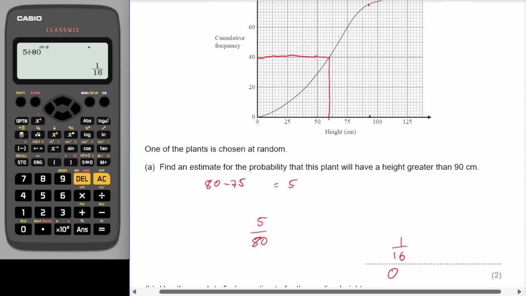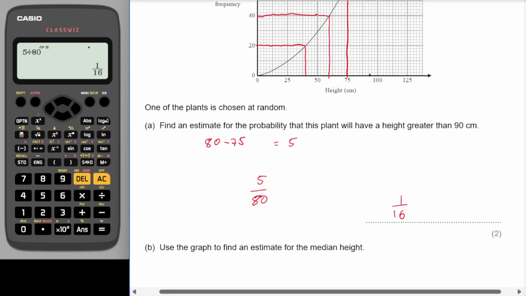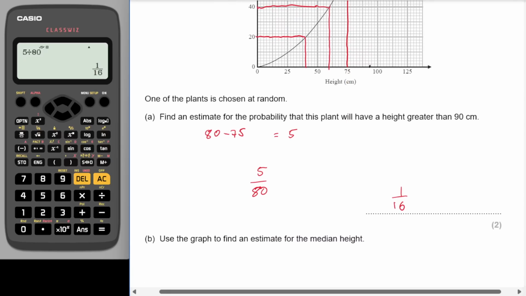Okay, so for the interquartile range, I need this value here, and I need this value here. So I'm going to do 75 minus, well, like I said, these are 2.5, so that would be minus 40.